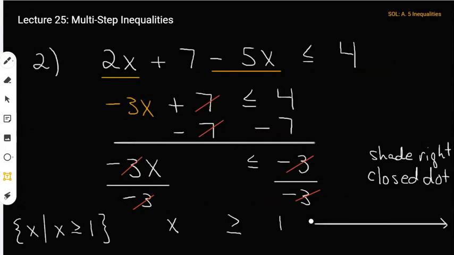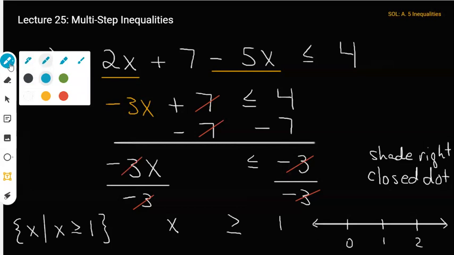So drawing my number line, I can put 1 in the middle. On the left side, I'm going to have 0 and -1. And on the right side, I'm going to have 2 and 3. So what I'm going to do is I'm going to change my color to blue.